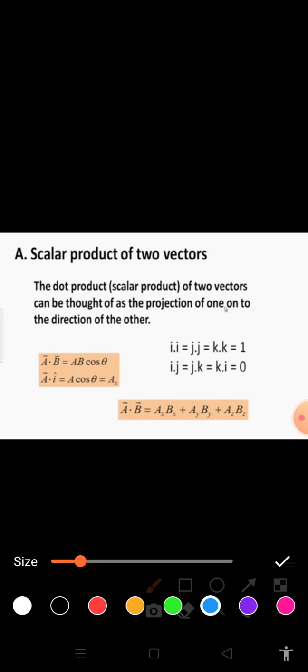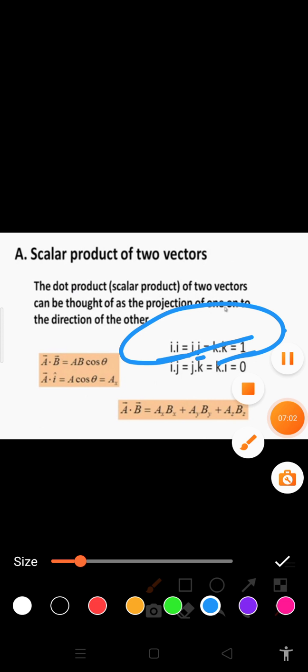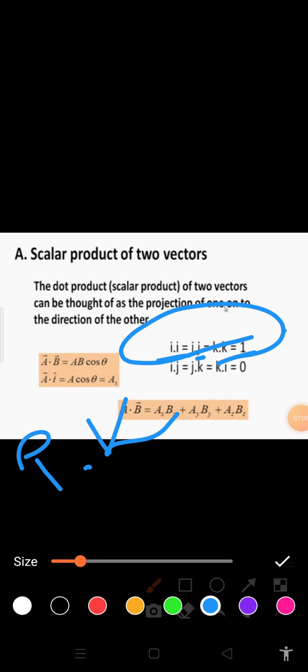So see here, i dot i, j dot j, k dot k, all the values are 1, and dissimilar means i dot j, j dot k, k dot i, whatever it may be, for example i dot k.